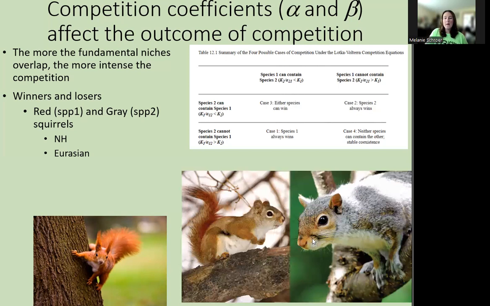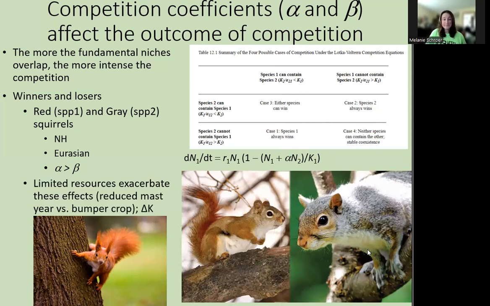And so the competition coefficient of gray squirrel on Eurasian red squirrel would be much greater than in reverse. Okay. And so as a result of this very profound impact here, again, this population declined quite considerably.